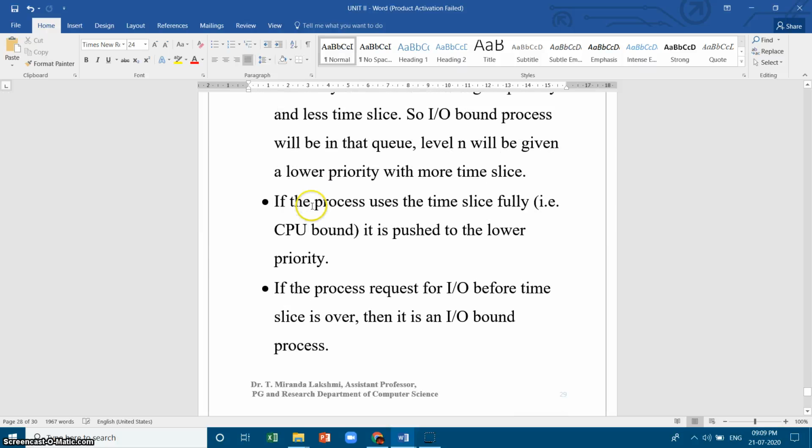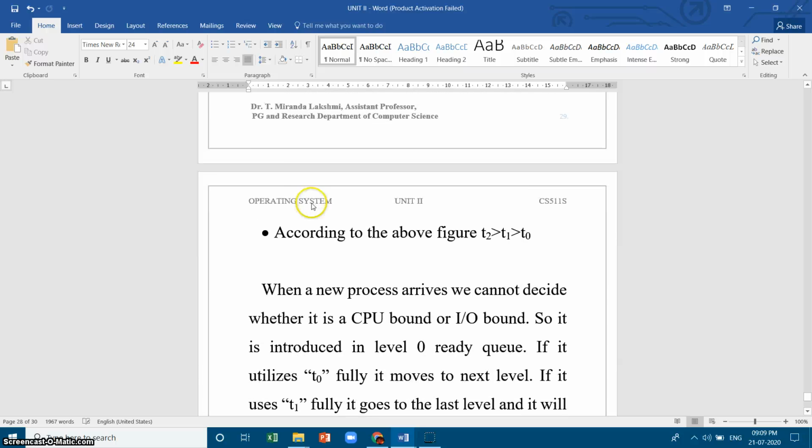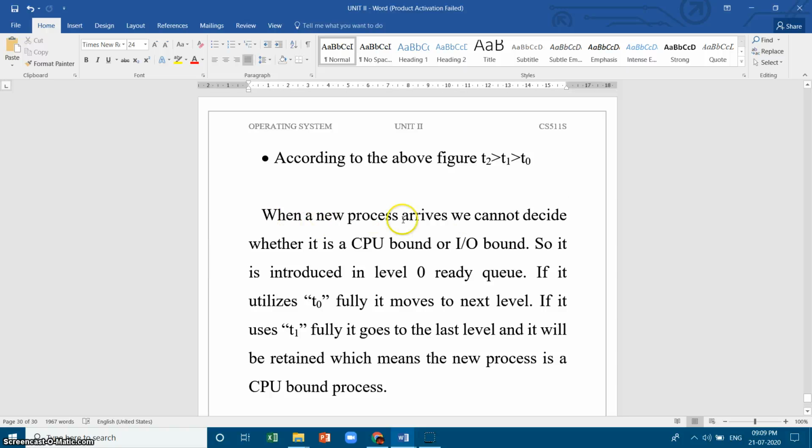See here, they have given an example. When a new process arrives, we cannot decide whether it is CPU bound or IO bound, so it is introduced in level 0. T0 is your time slice; the first time slice I gave as 5 minutes. If it uses the 5 minutes fully, then it will move to your next level.